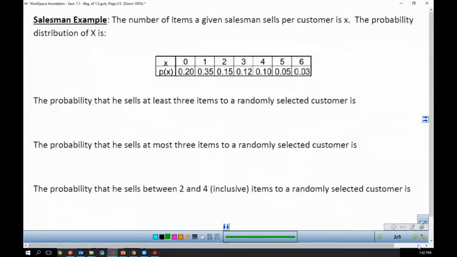Okay, let's look at it. So, for the first group, they want the probability that he sells at least 3 items. So, how did y'all set that one up?